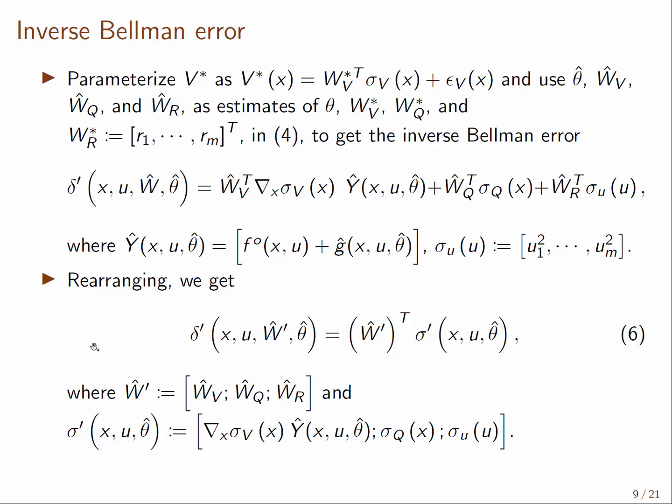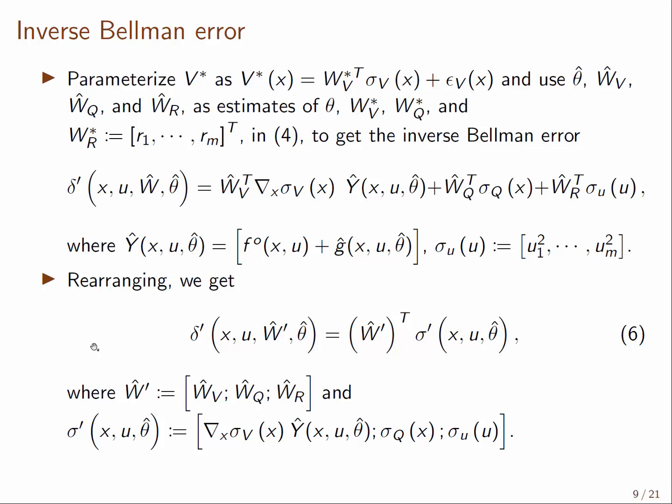Now, if we use the estimates W sub V hat, W sub Q hat, and W sub R hat, instead of the ideal weights W sub V star, W sub Q star, and W sub R star, where W sub R star is just a vector made of the diagonal elements in this unknown matrix R that we're trying to find out, we get the expression for the inverse Bellman error, which is given by delta prime, where this quantity y hat is just the dynamics f naught plus g hat of x, u, theta hat.